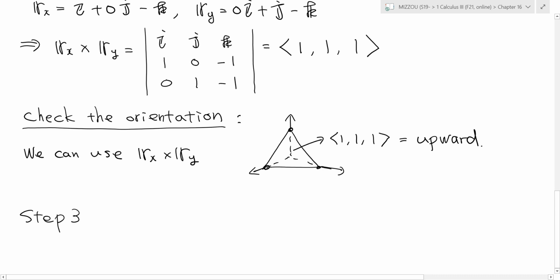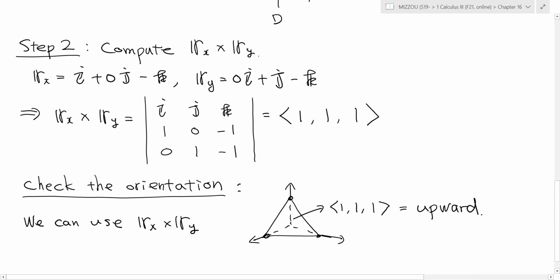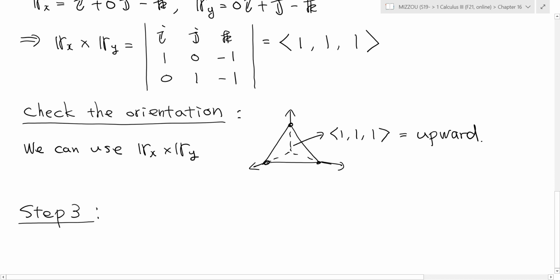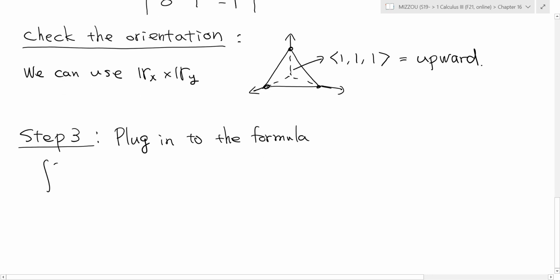And step 3, just plug into the formula. Plug into the formula, meaning just compute this. Yes.